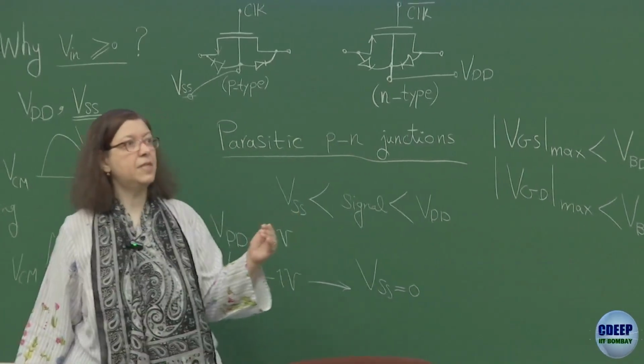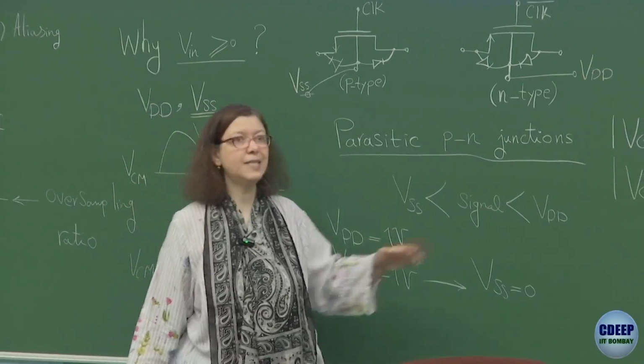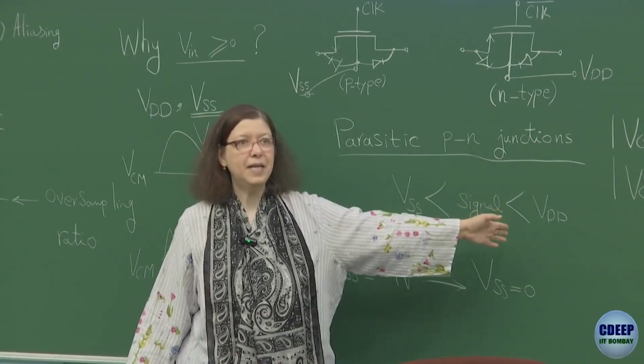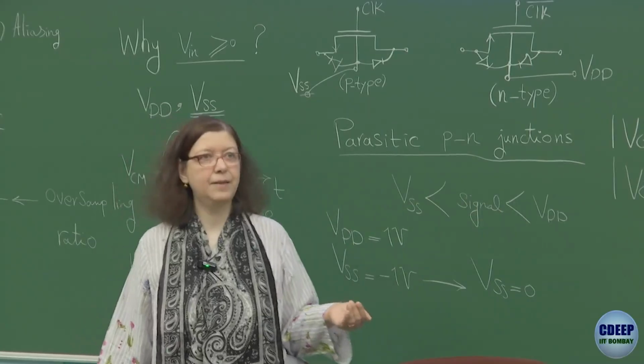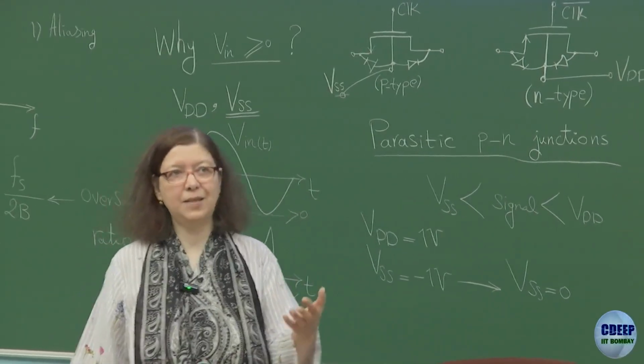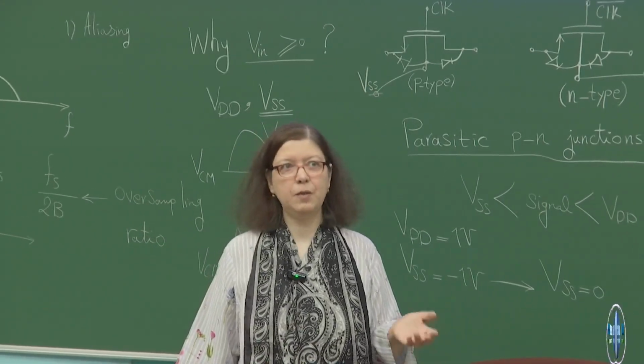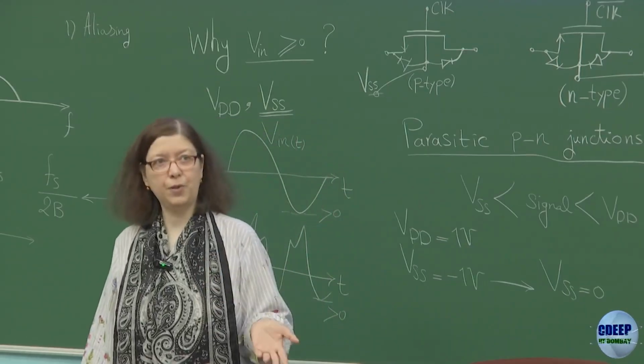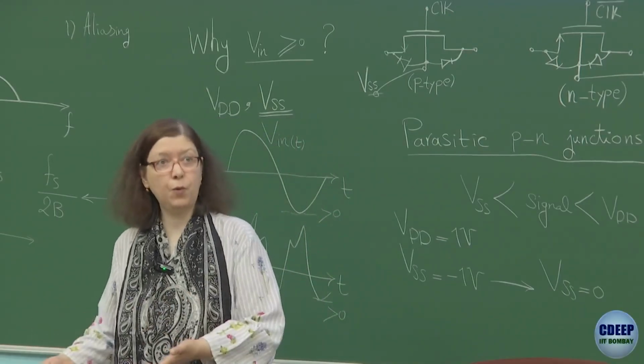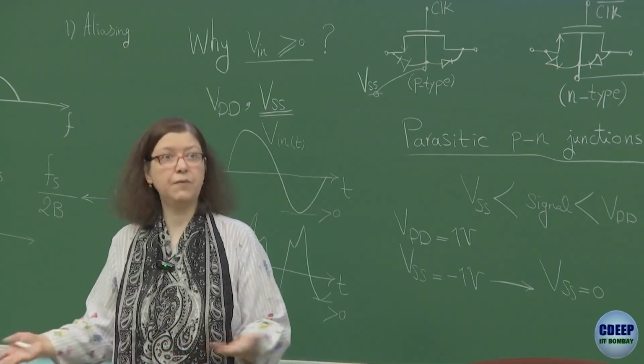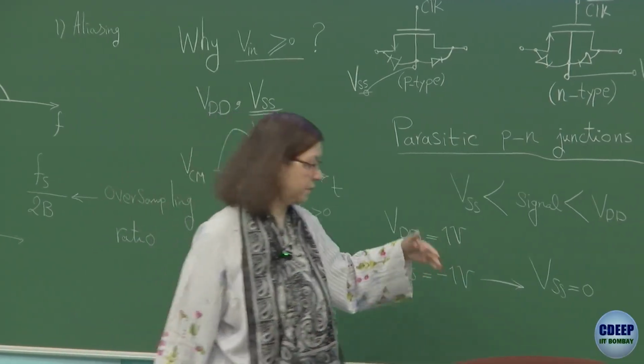This supply, which is recommended in a technology, is actually based on this constraint. For example, when you hear that 180 nanometer has a standard value of 1.8, or 130 nanometer is 1.5, or 65 is 1 volt, or even 40, 45 is 1 volt, it is because of the breakdown.